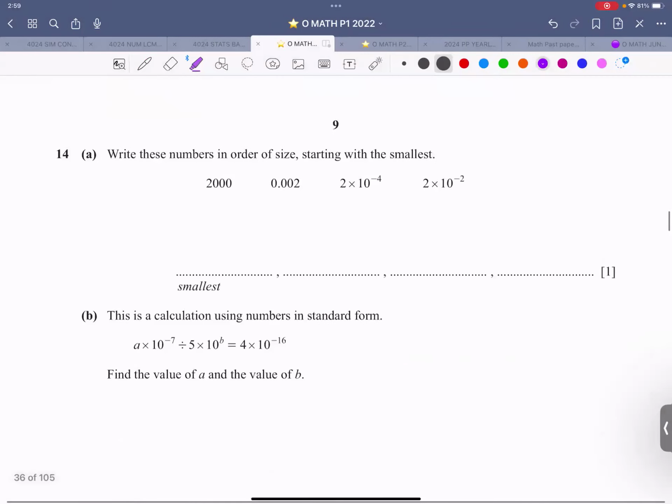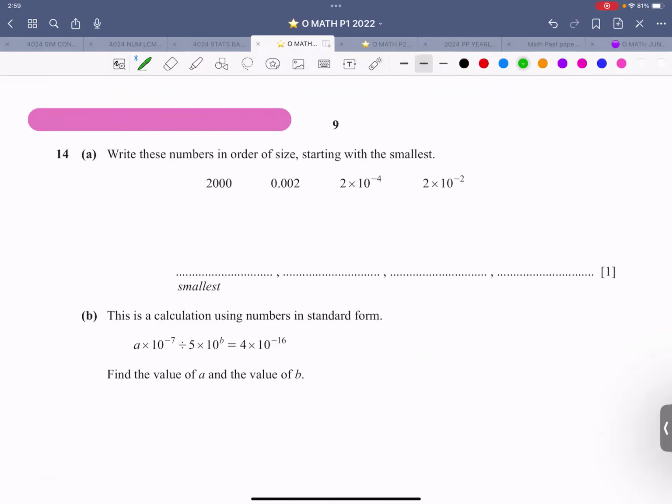Now question 14. This is about sizing it up. So basically it's about standard form, conversion, and decimals. So it's a combo of all these things. Now, let me write 2000 as 2 into 1000, which is 2 times 10 raised to power of 3.